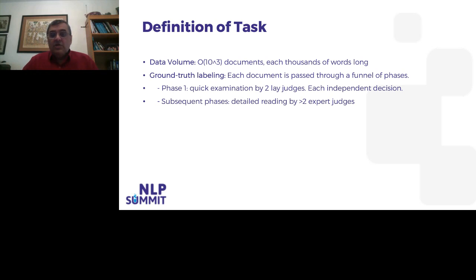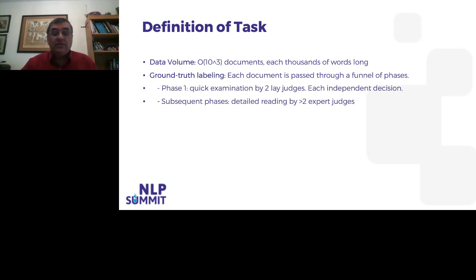And each judge made their independent decision, and the decisions were then combined and thresholded to make a binary decision, whether the document should proceed or not to the second phase. And then in subsequent phases, the documents were read by expert judges, and the further you go into the funnel, the more judges read each document because they wanted to be very careful about detecting leadership quality.